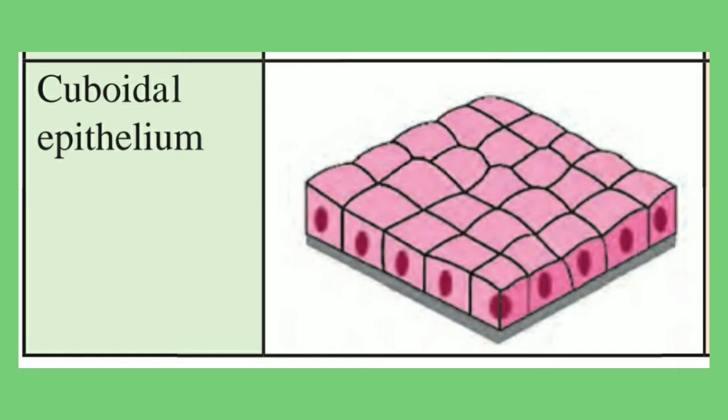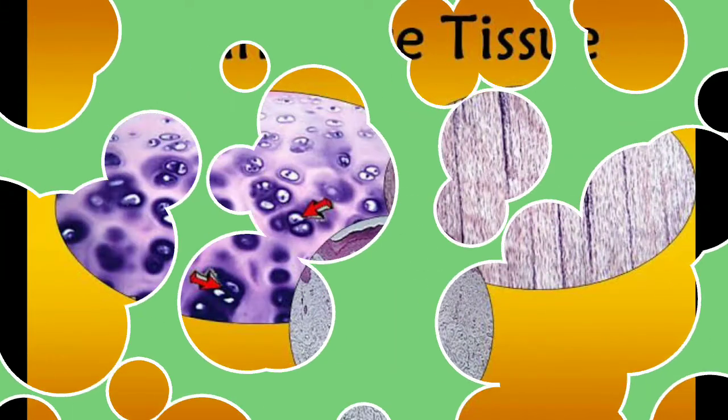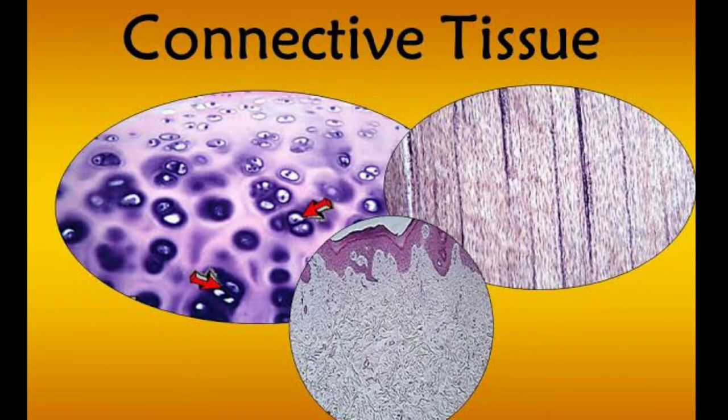So children, these were the different types of epithelial tissues. We have studied their location, structure and function. Understood children? Okay. The next type of tissue is connective tissue. So what are connective tissues?